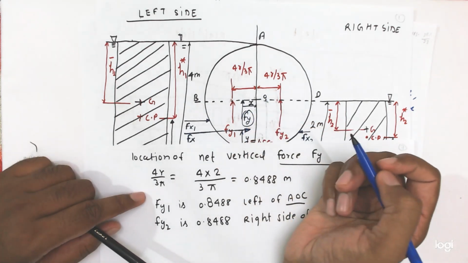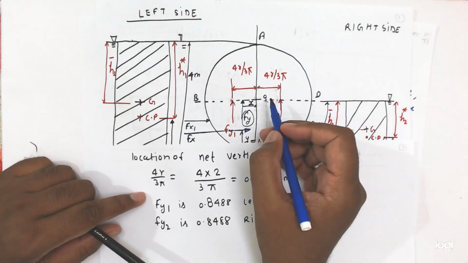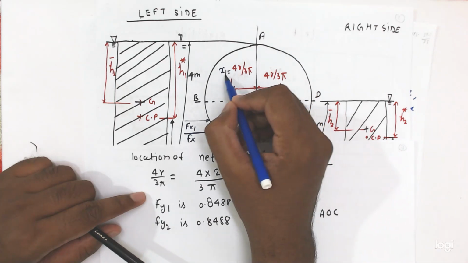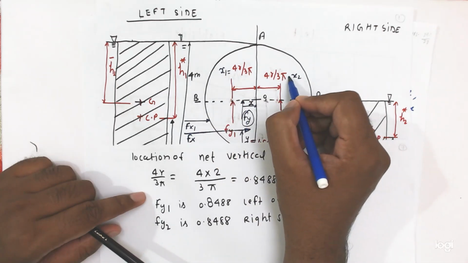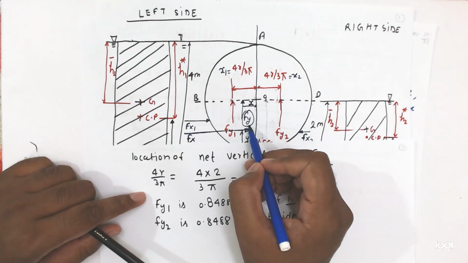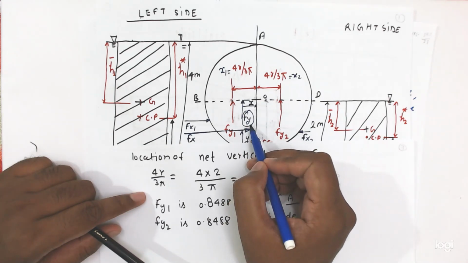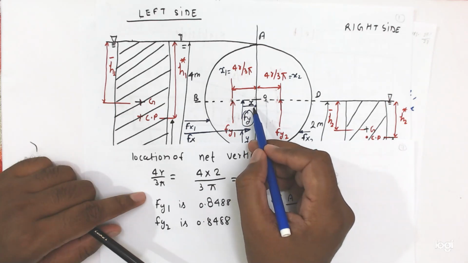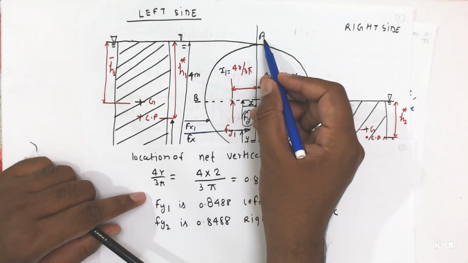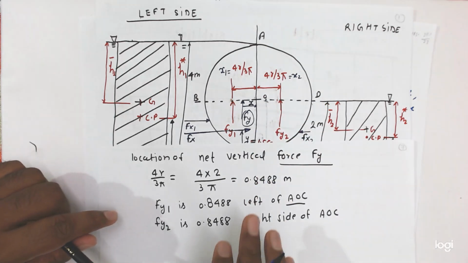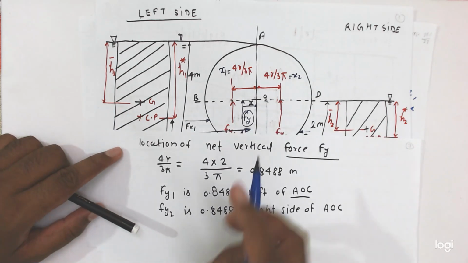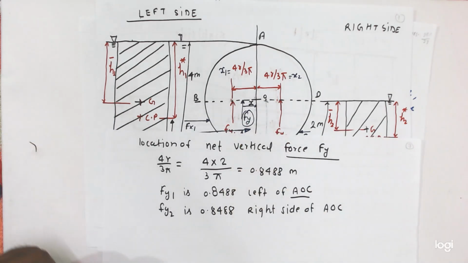This x1 is this side and x2 is this value. So let's say the net vertical component of force Fy is at x distance to the left side from AOC. We are assuming this one. Now we will calculate.